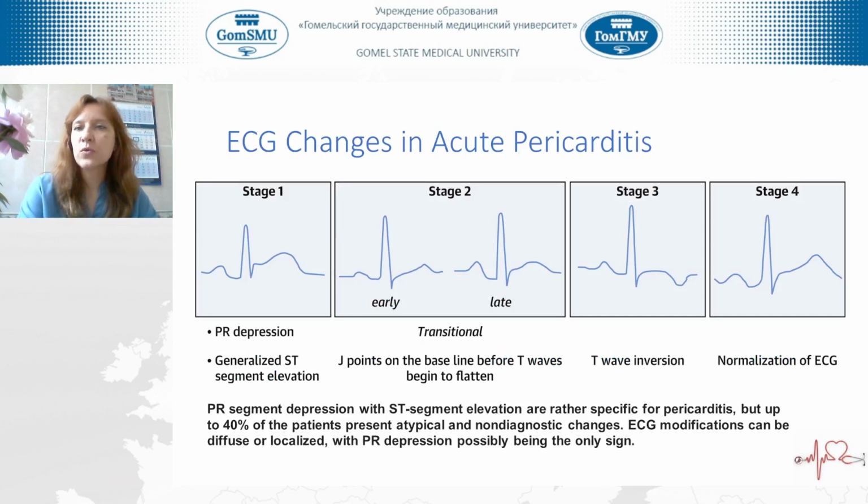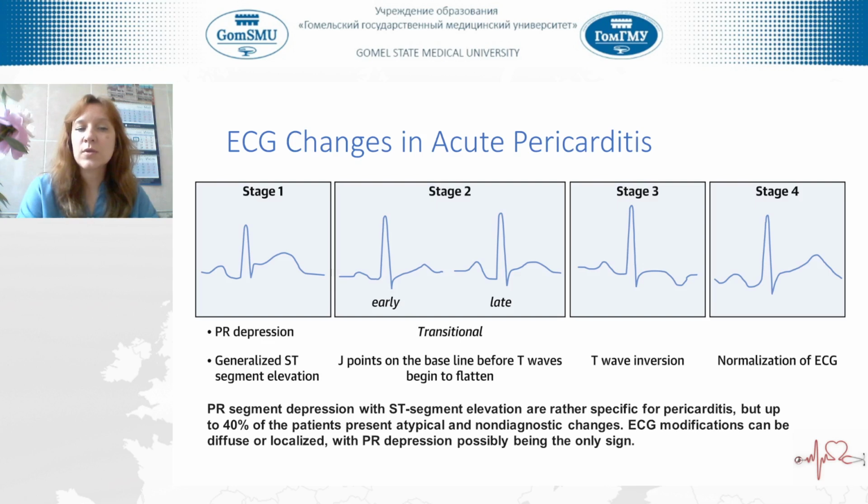These are the ECG changes in acute pericarditis. You can see four stages. First stage is ST segment elevation. Second stage, early and late: you can see the return of the ST points to the baseline before the T waves are deflected. And then the third stage, T wave inversion, and the last stage, normalization of the ECG.